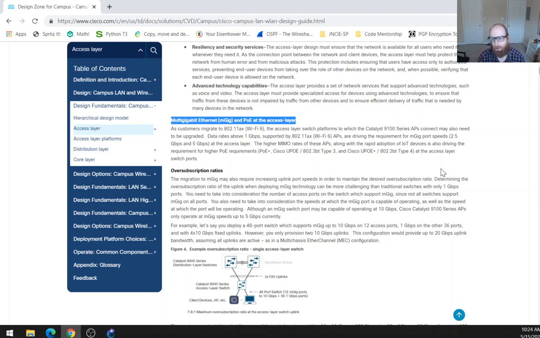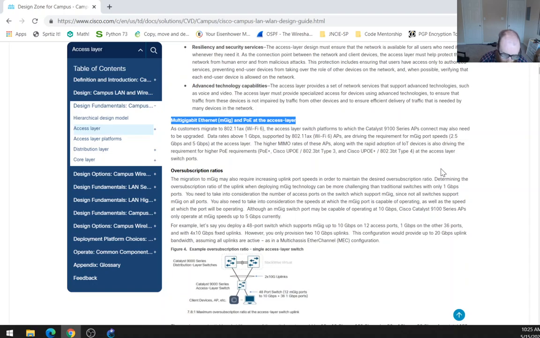The higher MIMO rates of these APs, along with the rapid adoption of IoT devices, are also driving the requirement for higher PoE: PoE Plus, Cisco UPoE 802.3bt Type 3 and Cisco UPoE Plus 802.3bt Type 4 at the access layer switch ports.